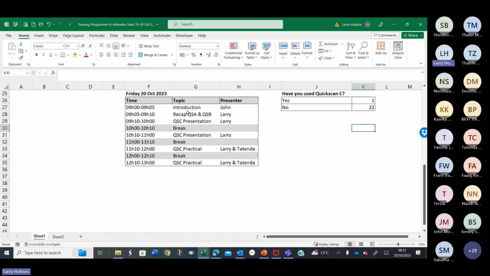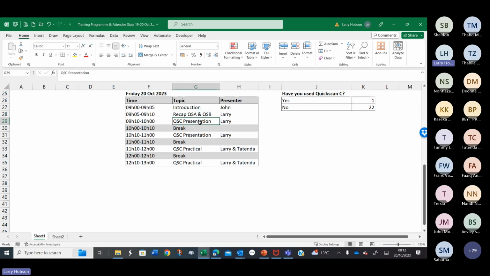So if those who were here yesterday will recall, we went over the organizational information you've got to provide about your organization in Quick Scan A, and then the project technical information that we look at in Quick Scan B. So we're all familiar with that.